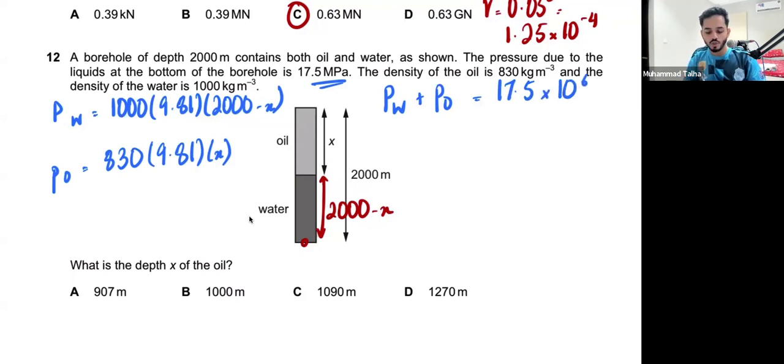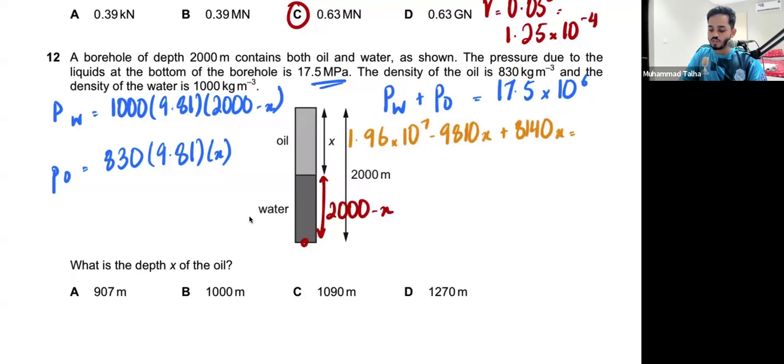1000 times 9.81 times 2000 is 1.96 into 10 to the 7, minus 1000 times 9.81 times X, which is 9810X, plus 830 times 9.81 times X, which is 8140X.